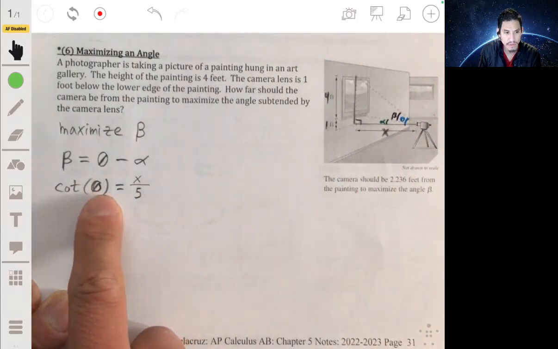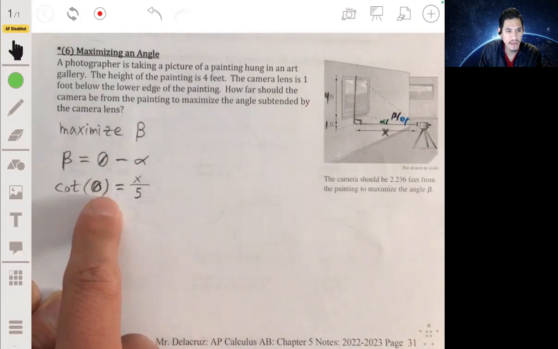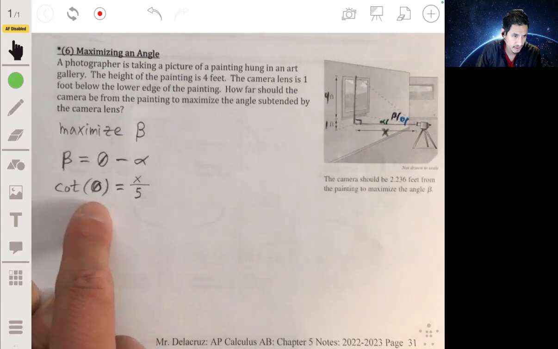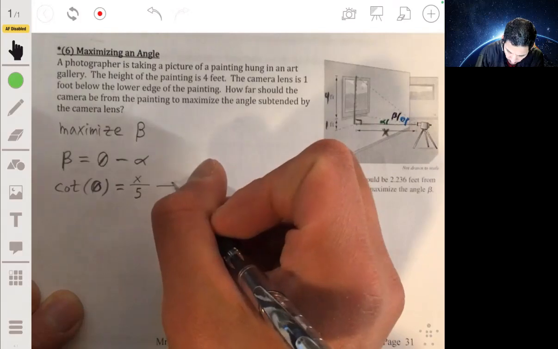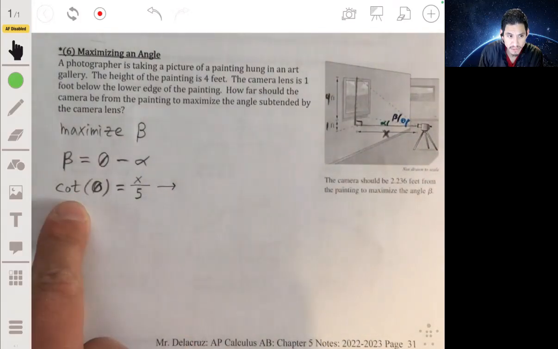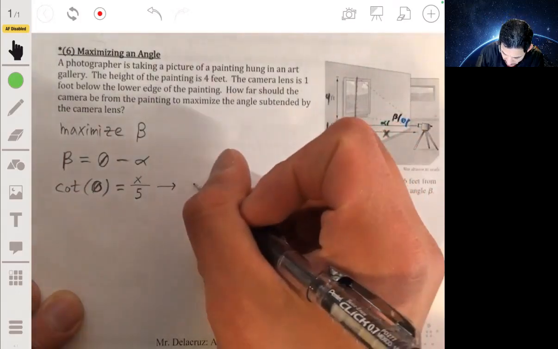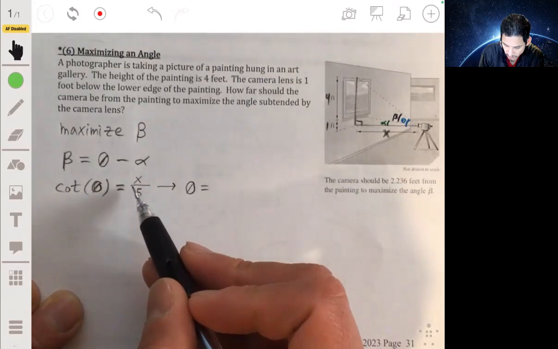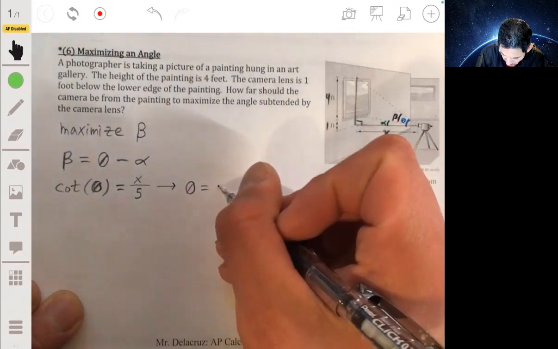Now, remember, we need to get theta. So what we can do is take the arc cotangent of the cotangent. Because if you take the arc cotangent of the cotangent of theta, that just leaves us with theta. And we then are taking the arc cotangent of the right side as well.